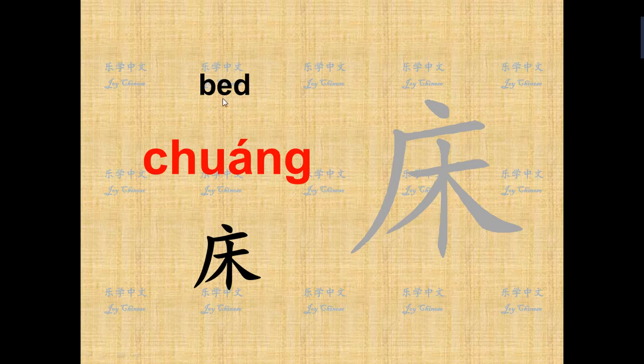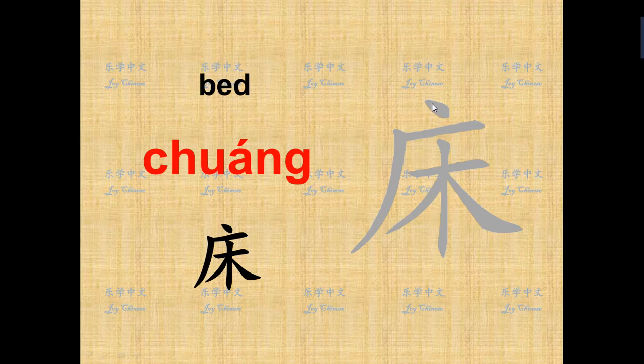Next one is bed, where we sleep. It's a combination of chi and uang with the second tone. Chi uang, chuang, means bed. Here the structure is a little bit different from something we learned previously.